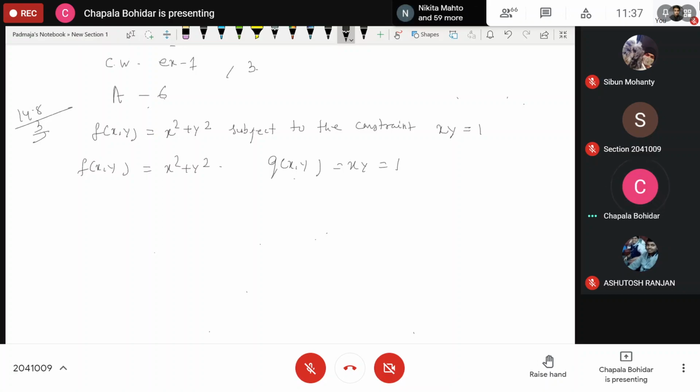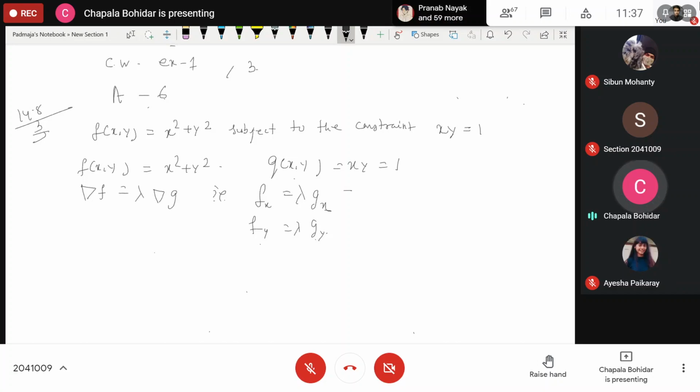Okay. So by using Lagrange multiplier, grad of f is equal to lambda into grad of g. It is a function of two variables. So f_x is equal to lambda into g_x, f_y is equal to lambda into g_y.